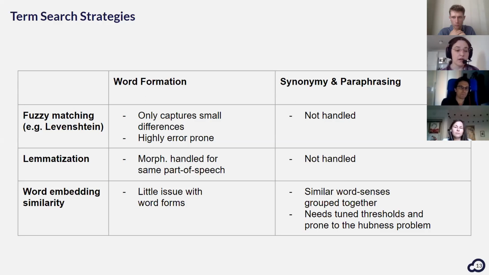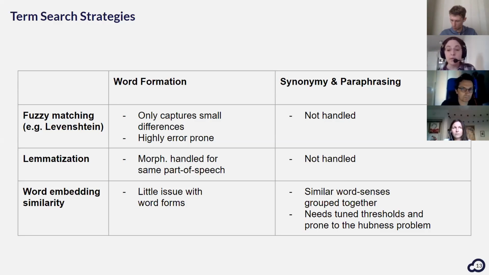And then the last approach that you might try would be word embedding similarity. In this case, you convert the words into a numeric representation in a vector space, and you calculate some distance between the words, maybe a cosine similarity, for example. The word formation problem is handled pretty well by this, and synonymy and paraphrasing can also be handled because similar words will be grouped together in the vector space.